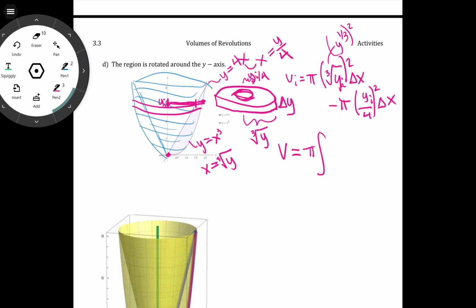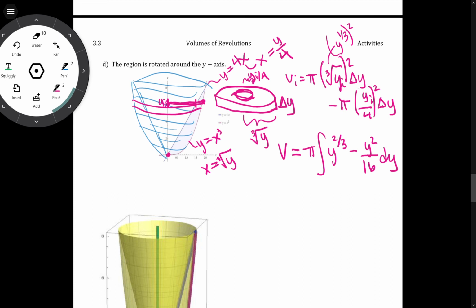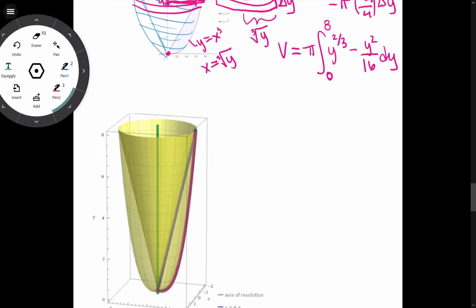So that's going to be a 2/3. And then we have y squared over 16. Put that in one integral so that I can just write 1 dy as well. Oh, watch me writing dx's. Hold on, shame on me all over the place here. These are not dx's, these are dy's. And since we're using dy's, we need to make sure that our limits of integration are y values. So now we're starting at y equals 0, and we're stopping at y equals 8. So that's our integral for that one.